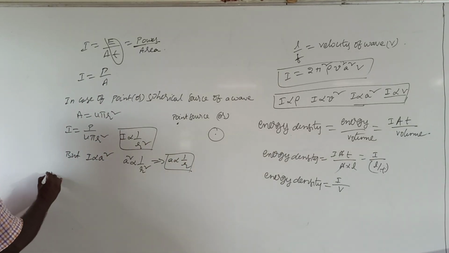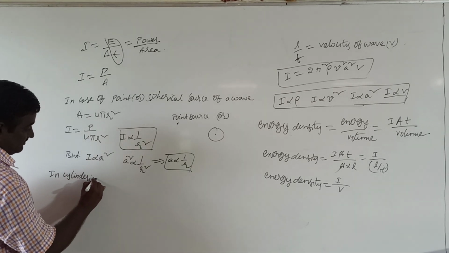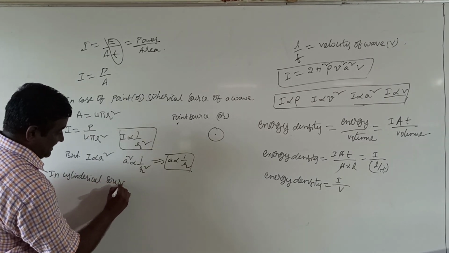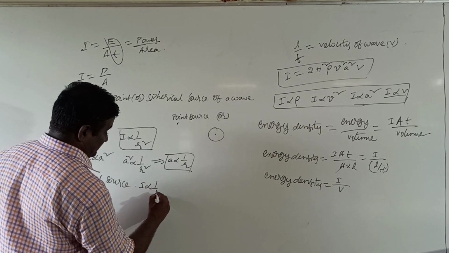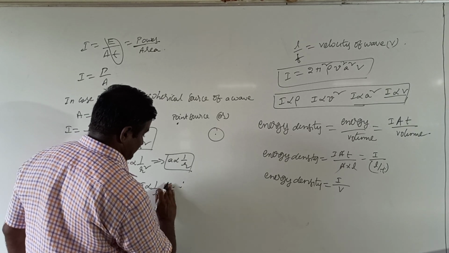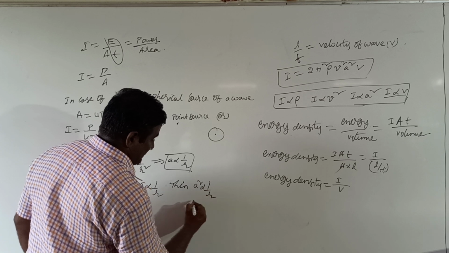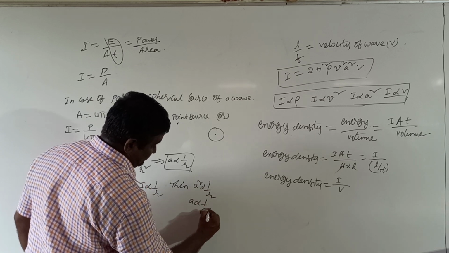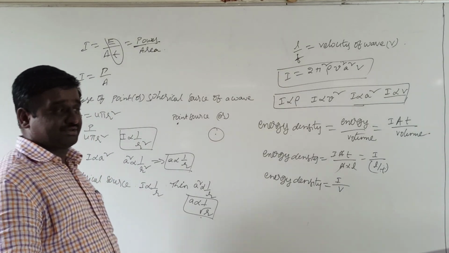In case of a cylindrical source, intensity is inversely proportional to the distance, and the amplitude is inversely proportional to the square root of the distance.